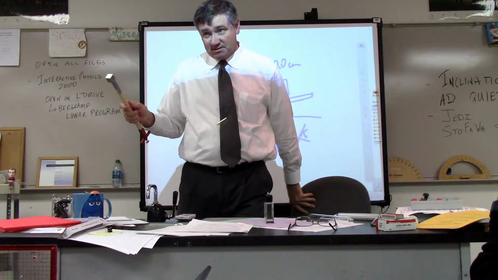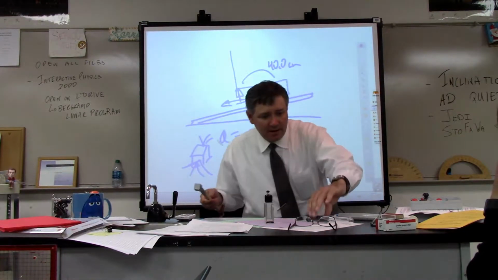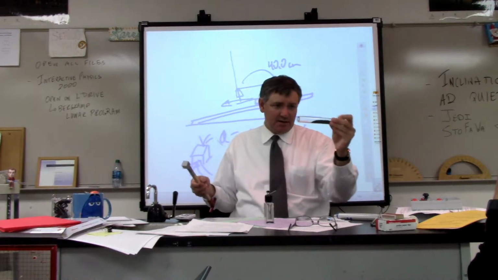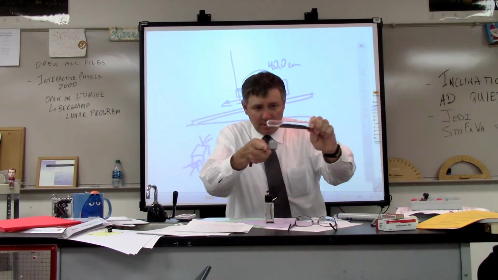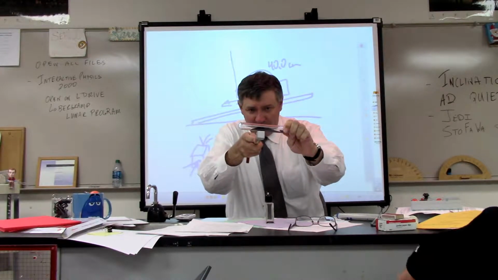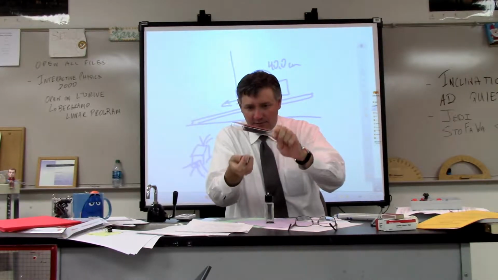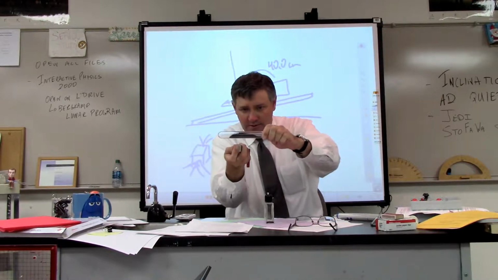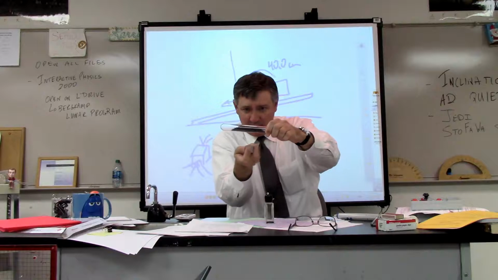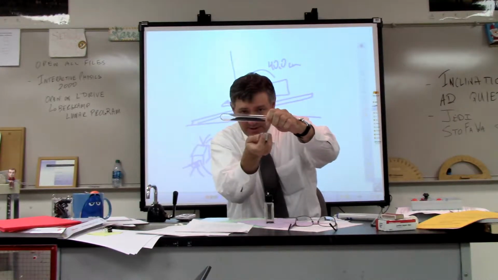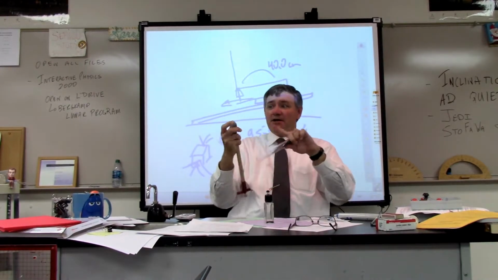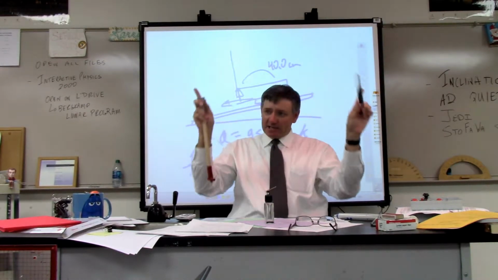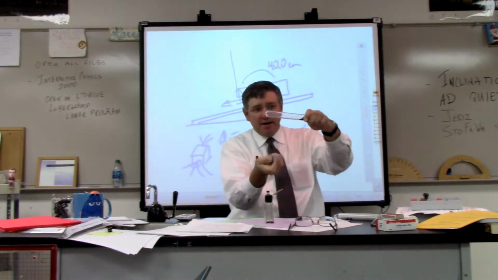So there are a couple of different ways you can show the existence of magnetic field lines. What I have in here is kind of like a granulated item. If I put that on there, you can see that those things tend to come to a point, which indicates that those magnetic field lines, even though you can't see them, actually exist.